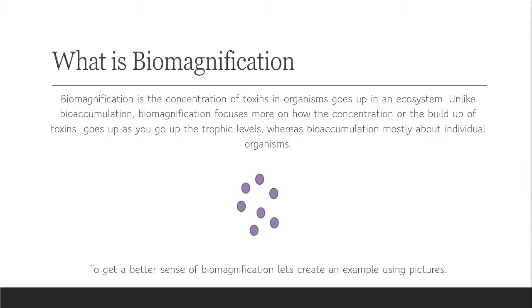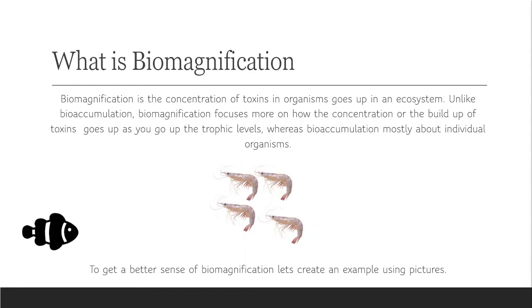So here we have some phytoplankton, just like last time. Now here we're going to have a shrimp and it's going to eat all of those. Now imagine that's the same for all the shrimp in the ecosystem. Then a tiny fish is going to eat all of those shrimp.